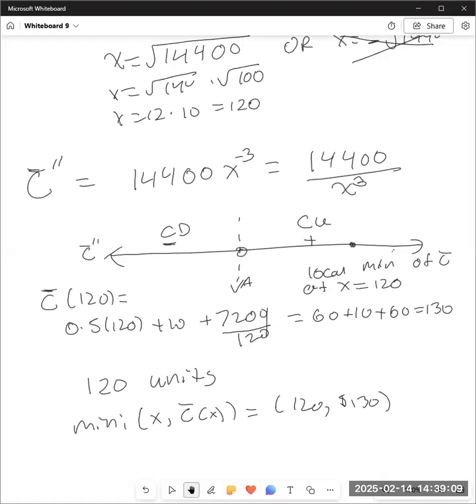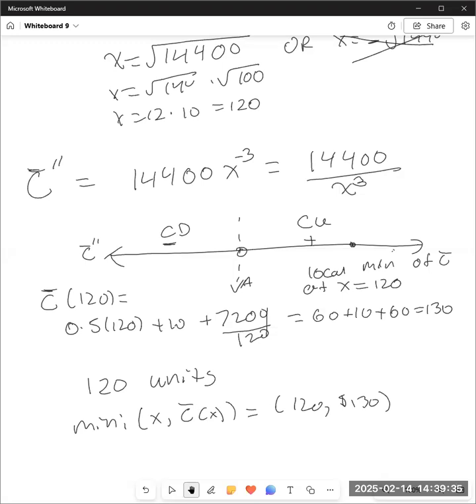All right, that's it for this section, 3.3. We'll come back next time and start talking about 3.4, which is optimization problems. So you'll need to know some formulas here.